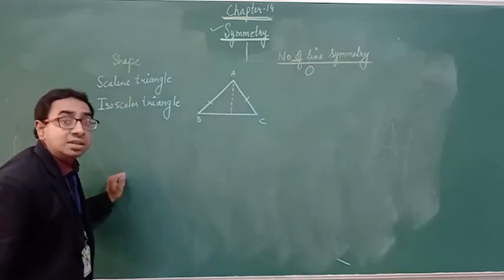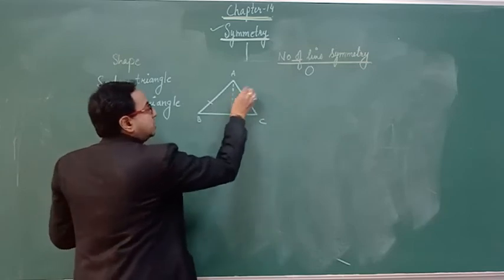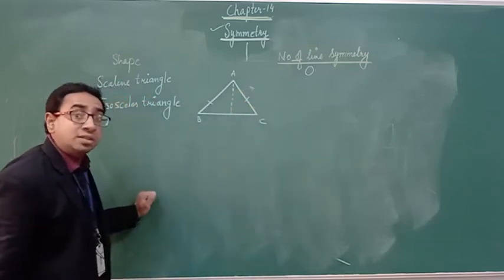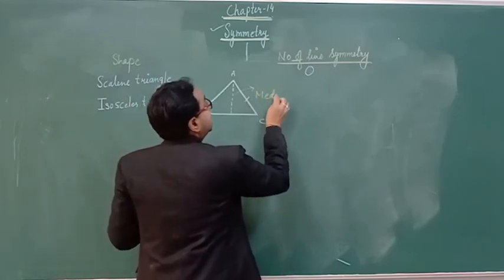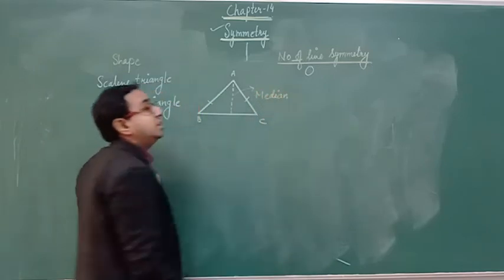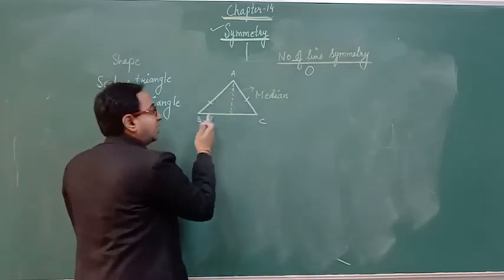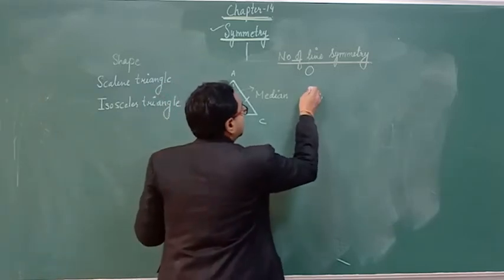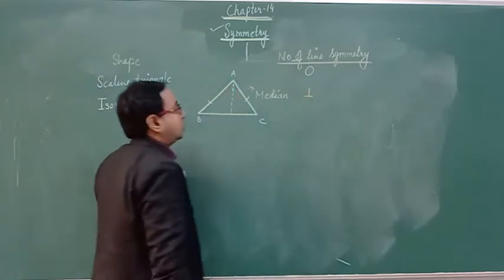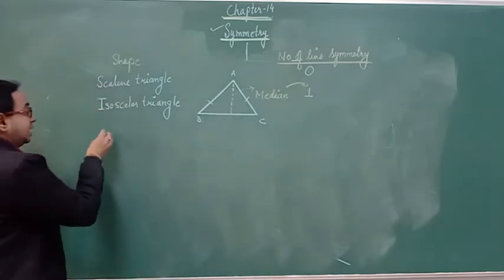It divides this triangle into two equal halves, this part and this part. What is this line called? Though it's a line of symmetry, an axis of symmetry, it has a particular name, called median, because a median divides a line into two equal halves. That is why it divides the triangle into two equal halves. Therefore, an isosceles triangle has one line of symmetry, which is known as the median. Are we clear? Next, equilateral triangle.